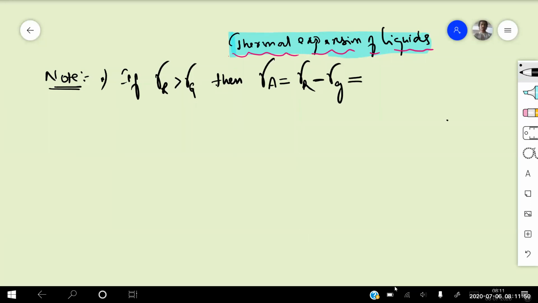That means this value will come out as a positive value. So will the level of the liquid rise or decrease in this case? Can you tell me?